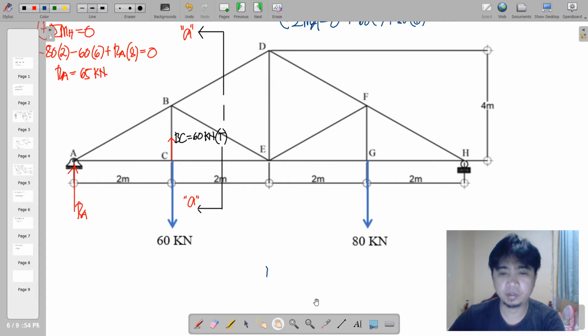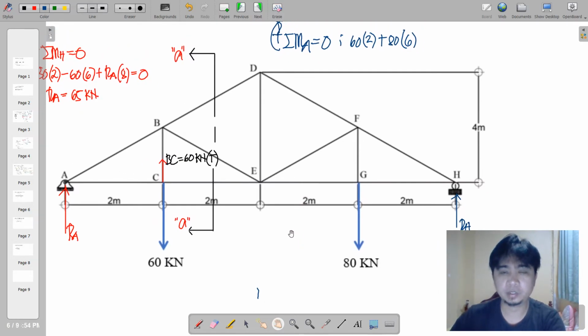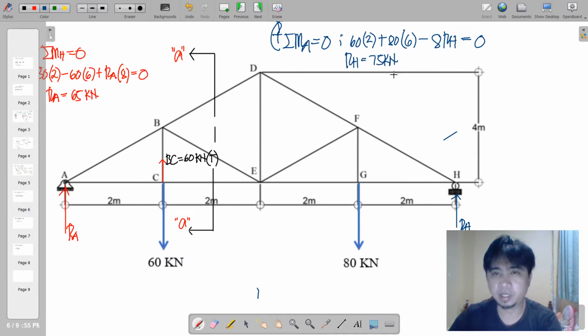Here we have a reaction, which I'll assume to be going upwards, say this is RH. Your RH will now be counterclockwise, so that is minus 8 RH equal to 0. So RH can now be solved, and we have a value of 75 kilonewton.